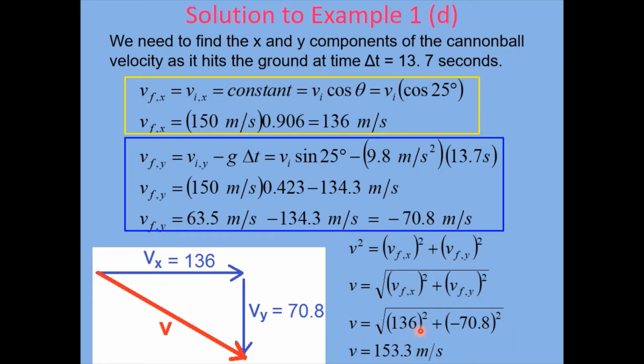You can see we plugged in the numbers here, 136 squared, and here we have negative 70.8 squared. The minus sign will go away when you square it. And then you add these two numbers together after you square them and take the square root. And the final answer is 153.3 meters per second. That's how fast the cannonball is going when it strikes the ground.